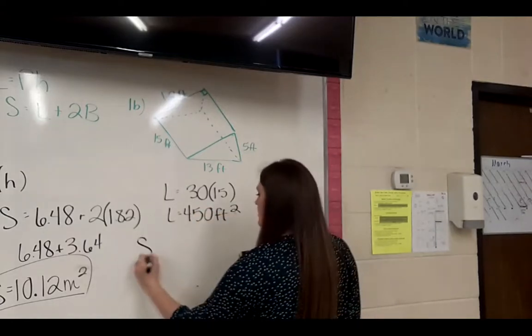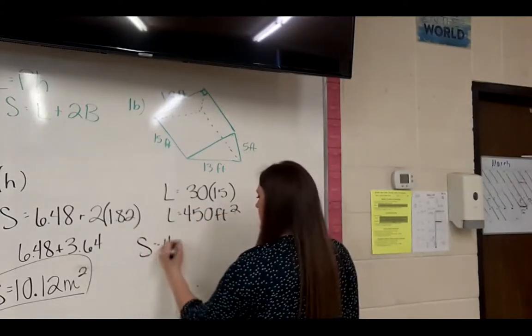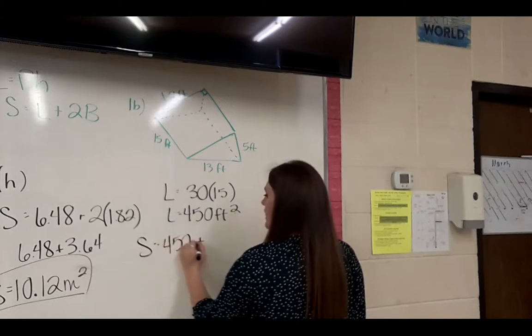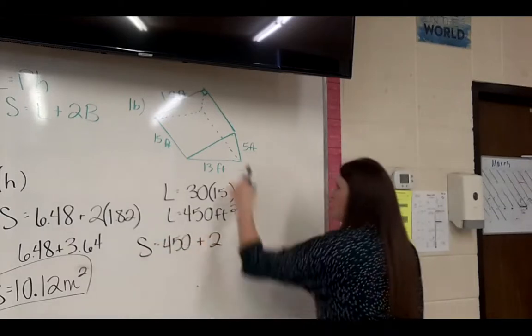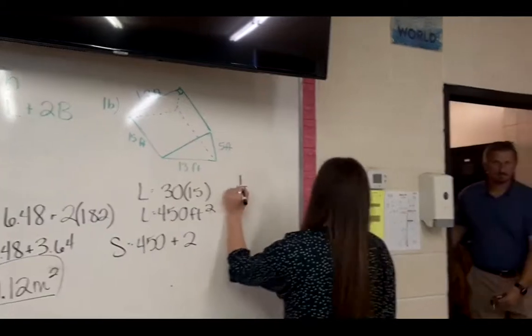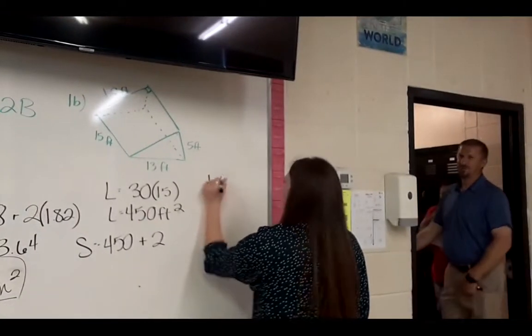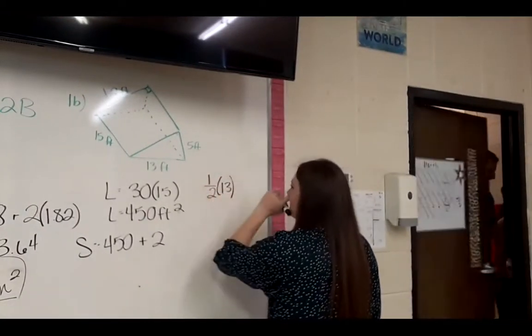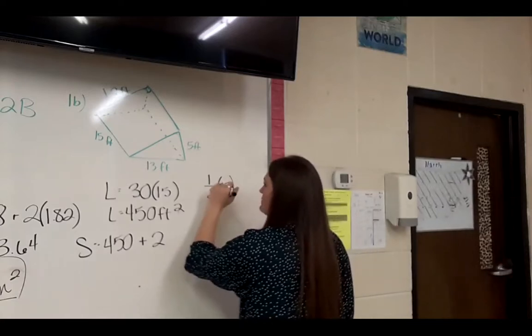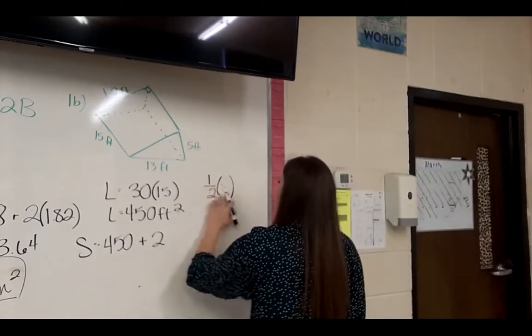So then the actual surface area is L, what we just got, plus 2 times area of the base. The base is a triangle, so that is 1/2 base times height of the triangle. Oh, I did that, that's not 13, it's 5.